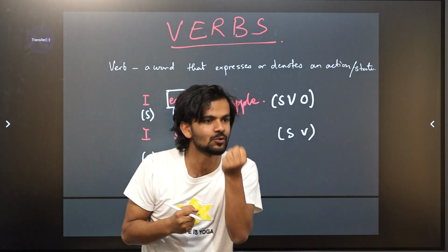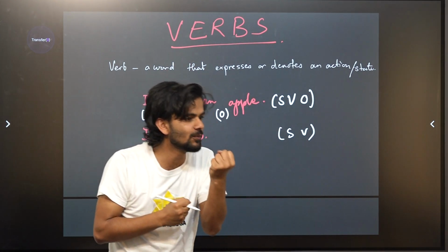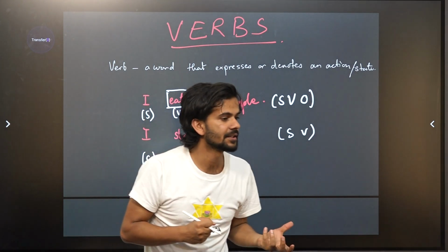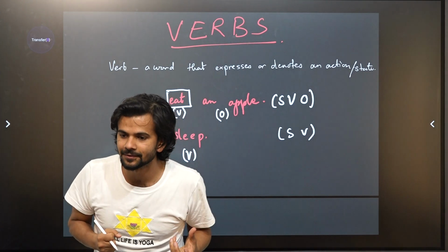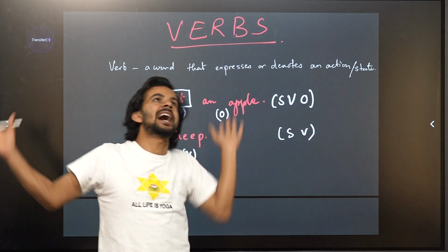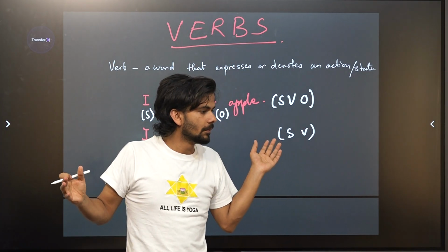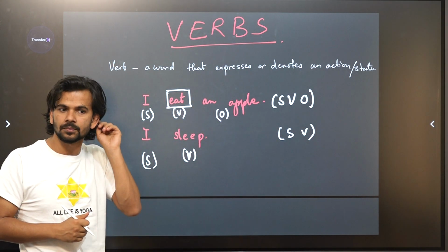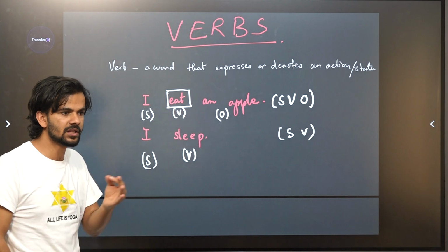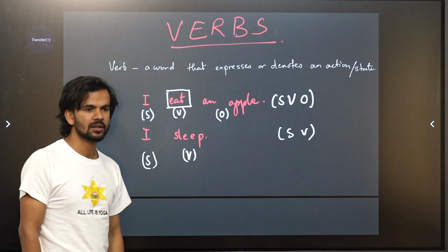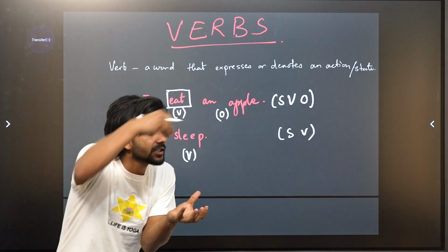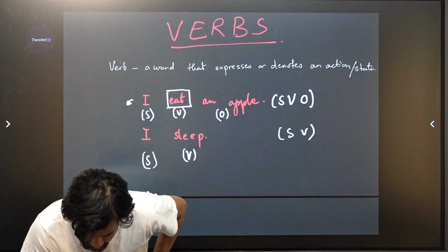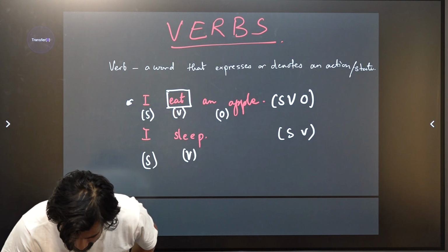You need something to eat. I write. You need something to write. You cannot just write. Do you understand what's happening here? With a verb like eat, you need something to act upon.